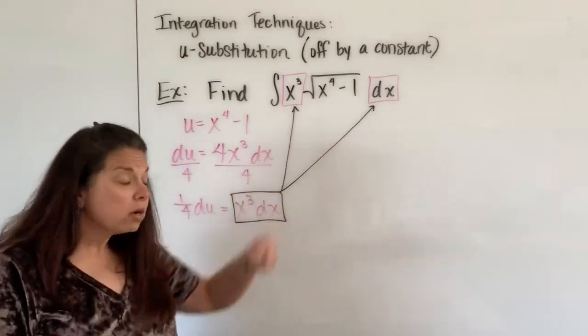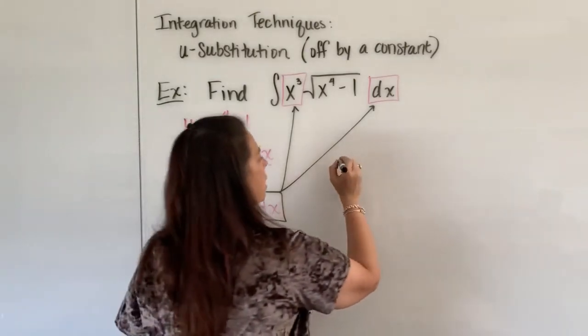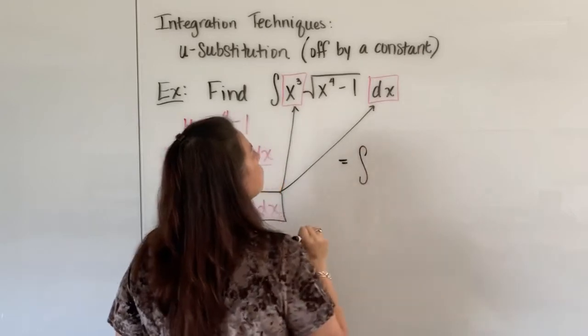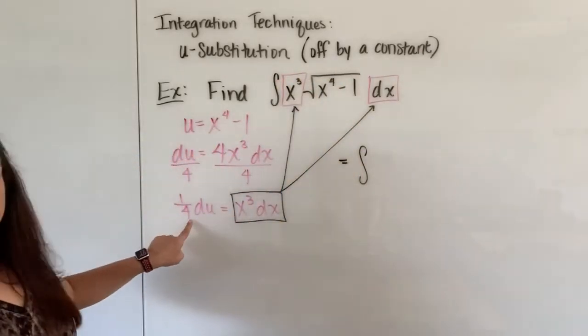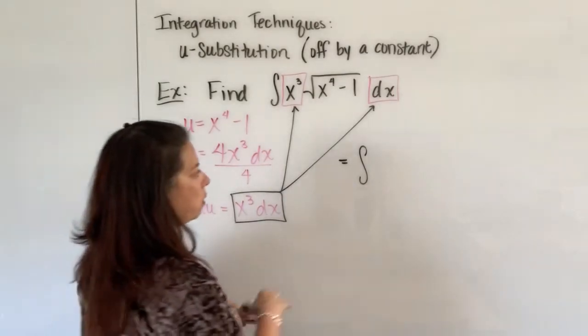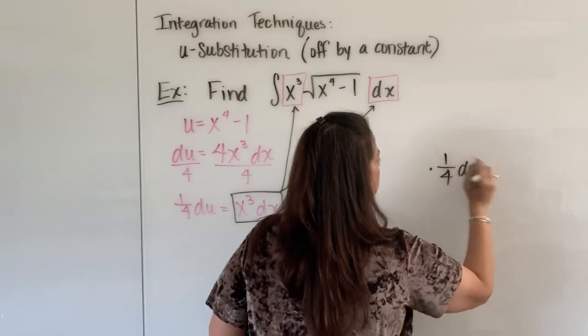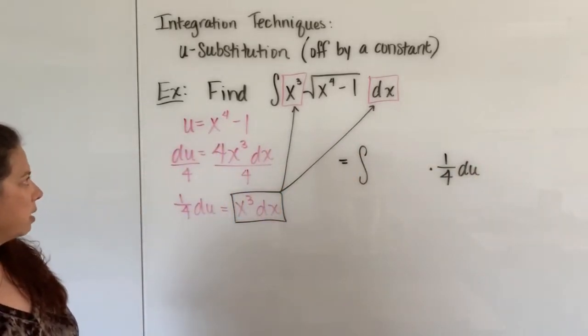And what will appear in its place though is 1/4 du. All right, so now my original problem is going to be equal to the integral of, well, the pink box is here, x cubed dx. Let's go ahead and write that as the 1/4 du, and we'll do that here at the end, 1/4 du. Again, I like to put my du's or d whatevers at the end. We'll deal with that constant in a minute.